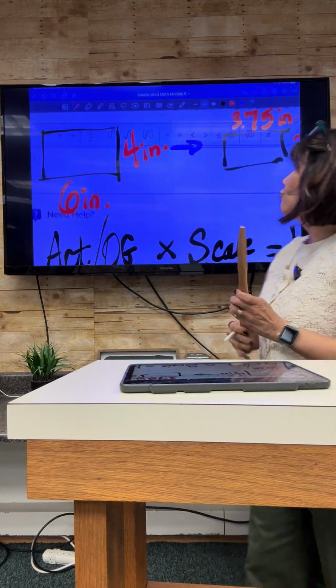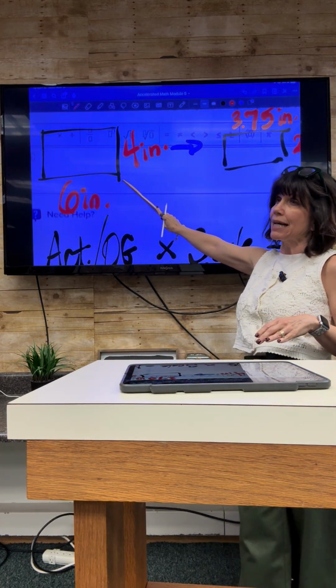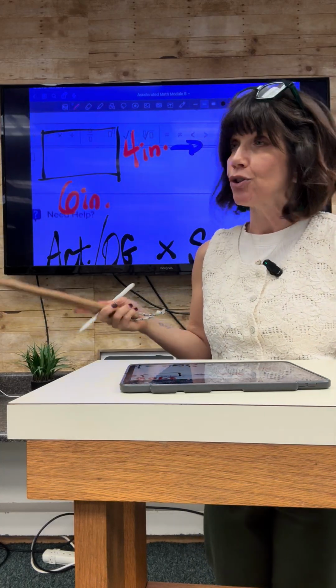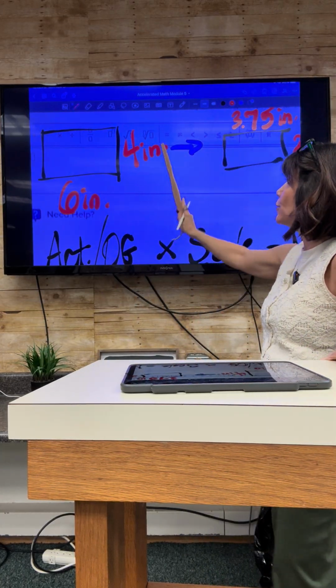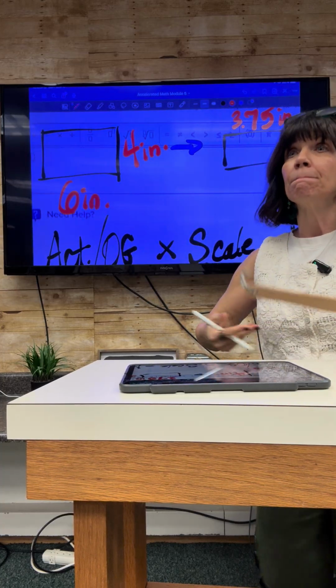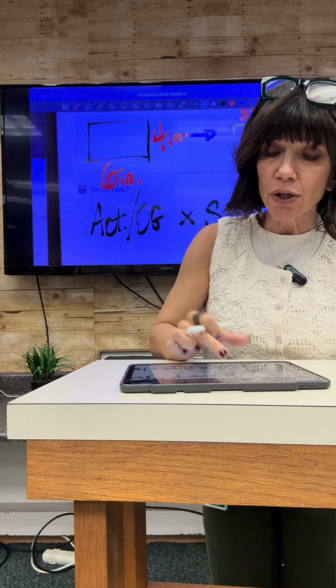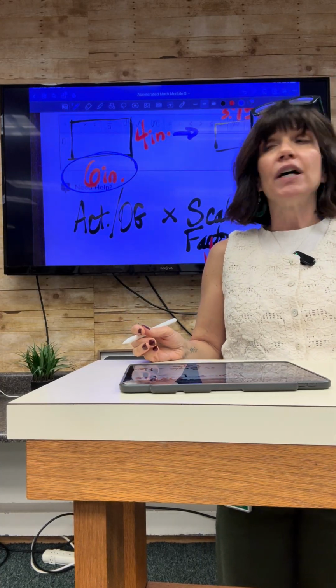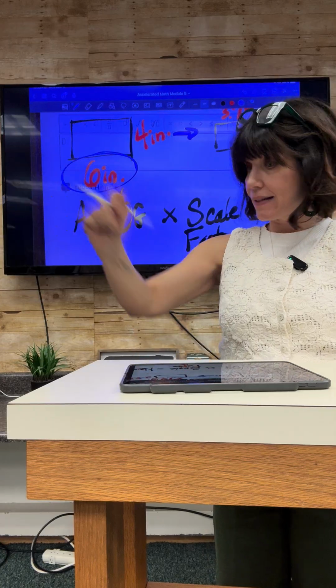Now, if we need to fill in an actual number and its related new scaled number, let's ask this. Which number from my original rectangle would you like me to use? Raise your hand if you have a preference. You're either going to say 4 or 6. Go, sir. 6. Okay, so we are going to use the what measurement? The length measurement, the 6 inches.